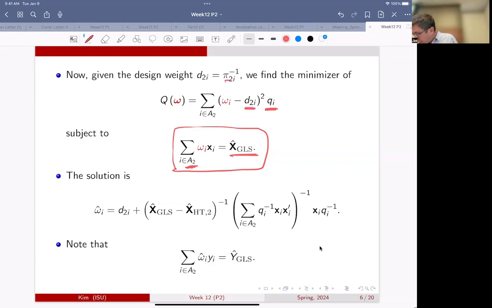I have a design weight. So I know I should center it, so that omega I hat will converge to d I if the sample size is large. But we want to use a particular QI on top of that so that the final solution can be something like this.